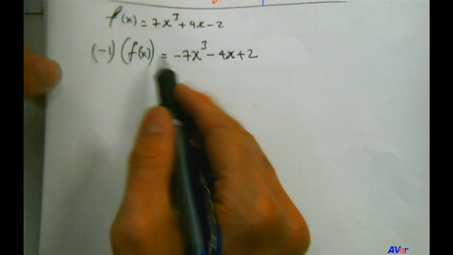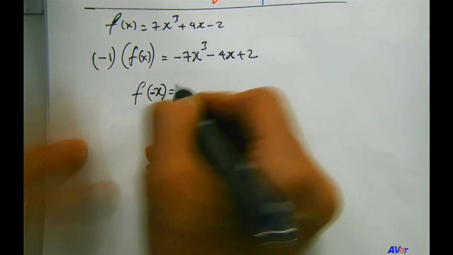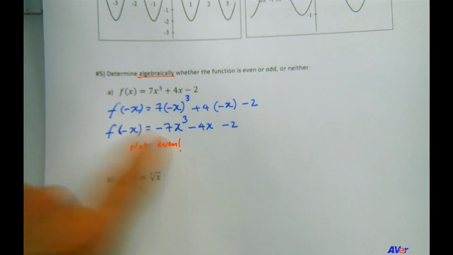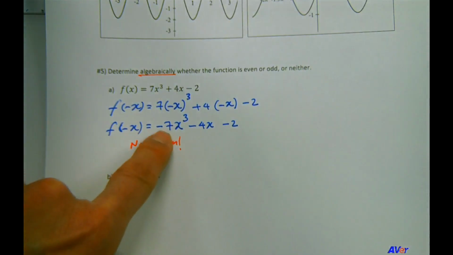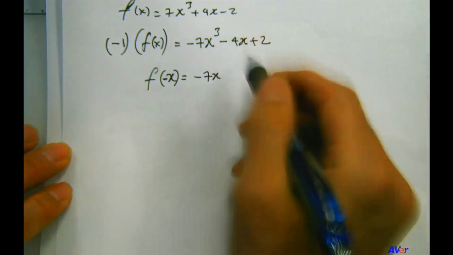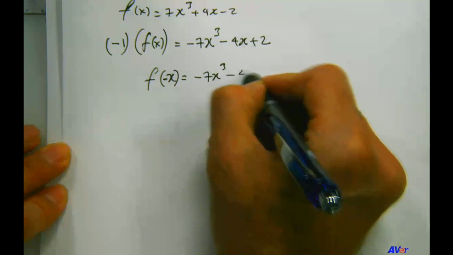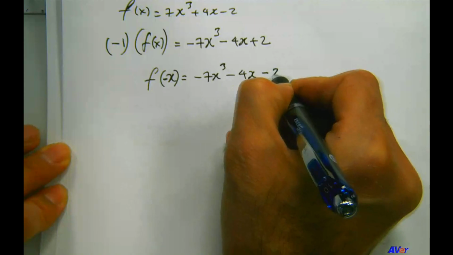Is that equal to f at -x, the function at -x? We just found that out. F, the function at -x, is that, which is this. So let me bring this down. So -7x cubed minus 4x and minus 2.